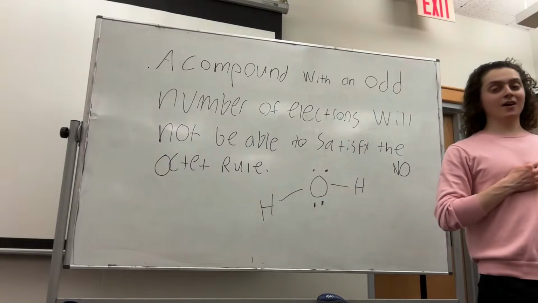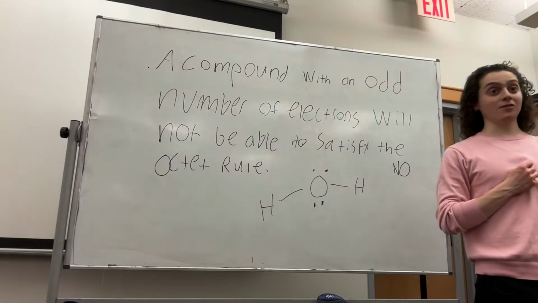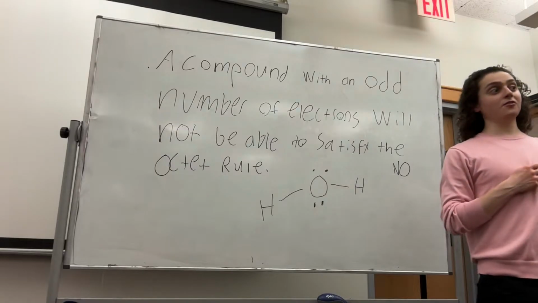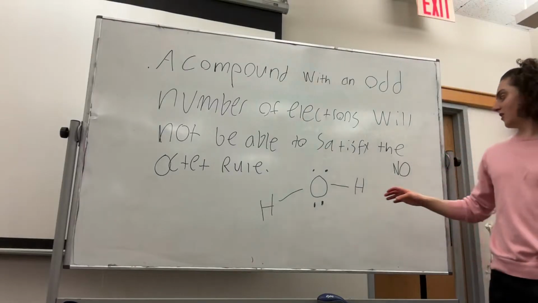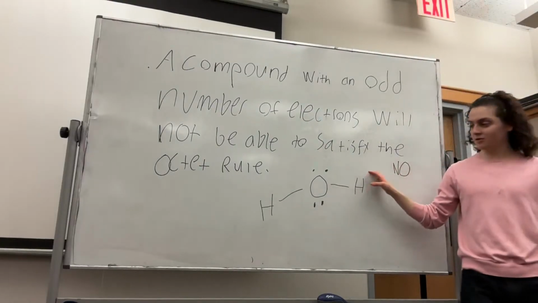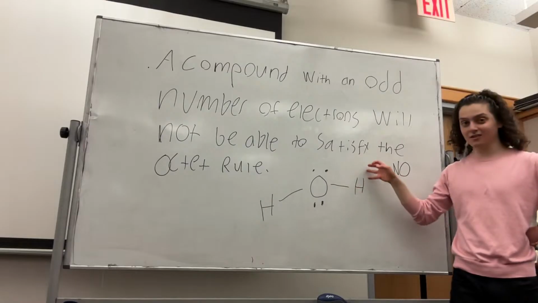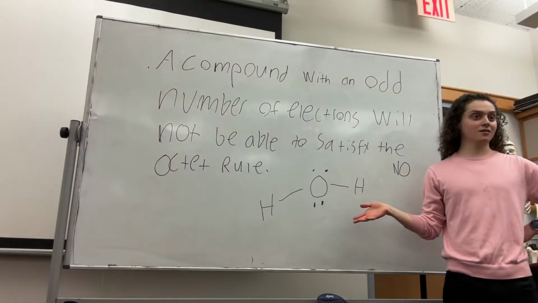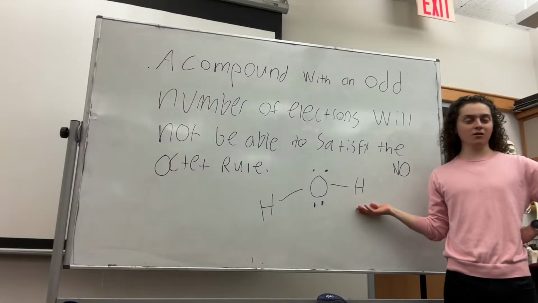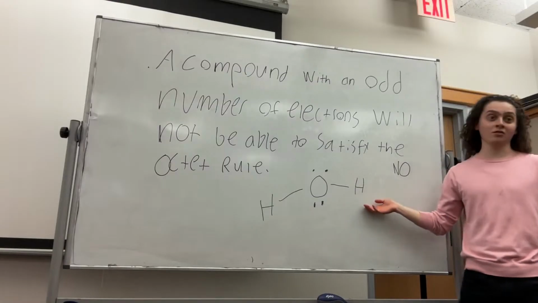There's only a few cases that you have to memorize where that's okay, but then there's a bunch of cases where every other case that it's not okay. So in the case of hydrogen, for example, there are not 8 electrons in this hydrogen's valence shell of electrons. That's okay, because it's hydrogen. It is one of the exceptions where you have fewer than 8 all the time.